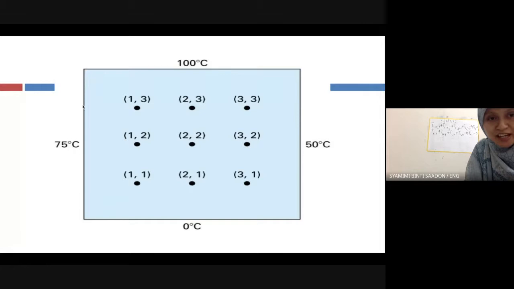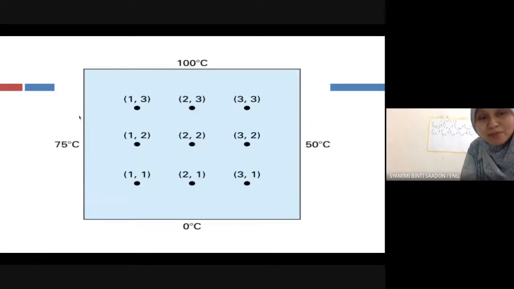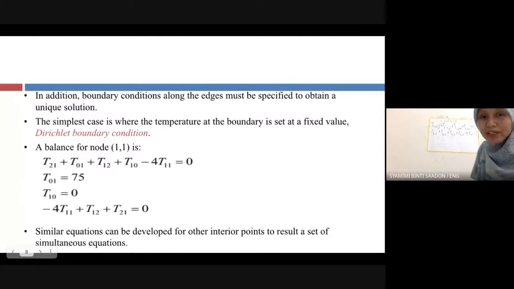We imagine this line is x equals 0. Whatever the value of y or j, as long as x is 0, the temperature is 75 degrees. So T01, T02, T03 all have the value 75 degrees.